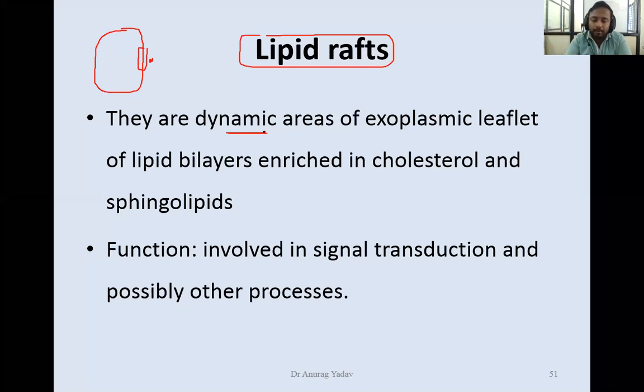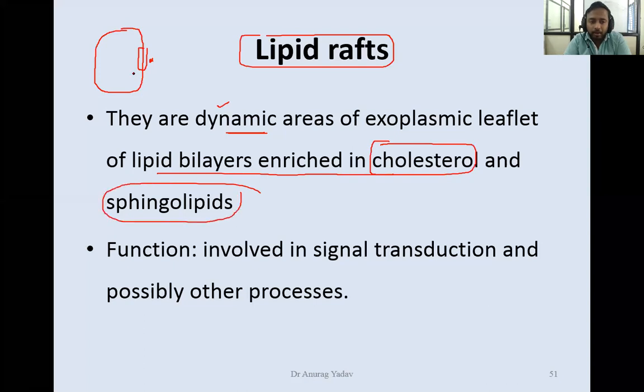So obviously this is not static, it's a dynamic area on the cell membrane where the cholesterol and sphingolipids are in high concentration. These cholesterol and sphingolipid rich areas are called lipid rafts.